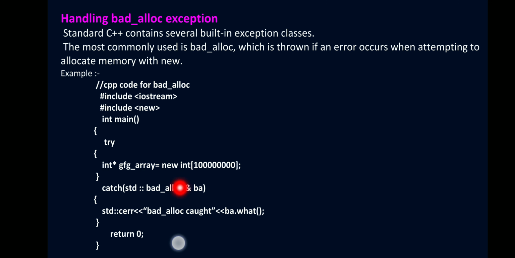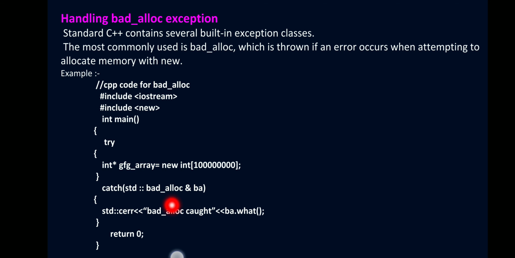This bad alloc exception is caught by the catch block, and you can see here BA is the object of the bad alloc exception. The bad alloc exception belongs to the standard library as we discussed previously.